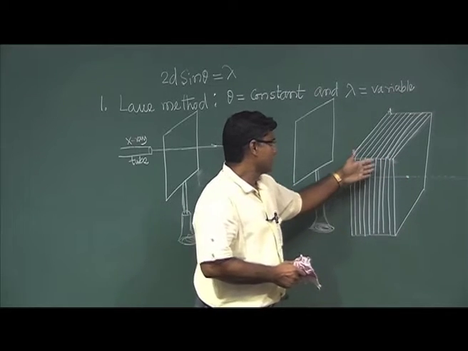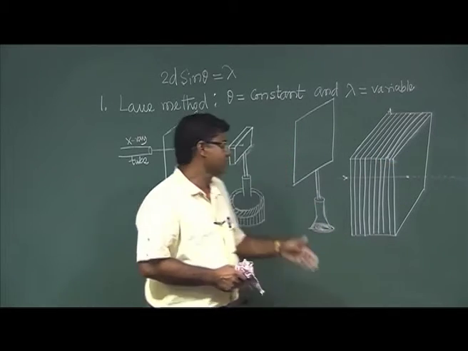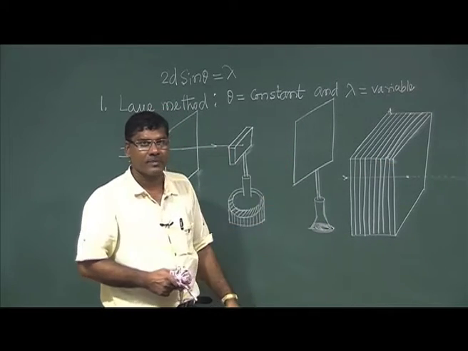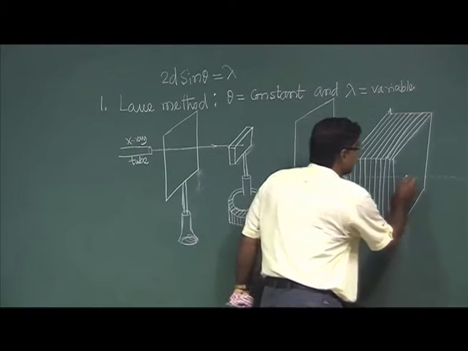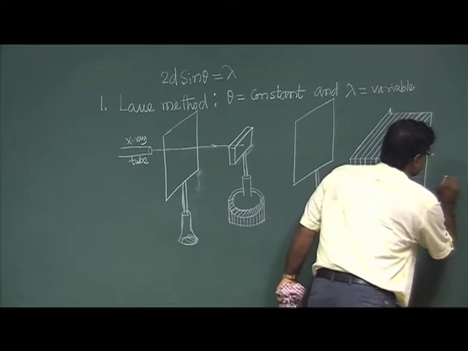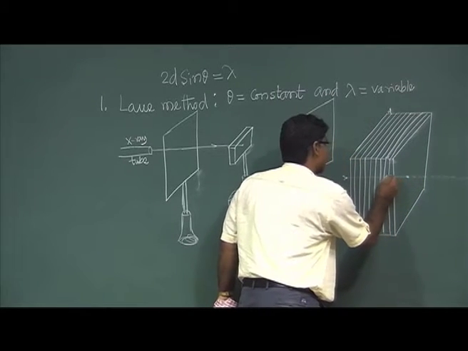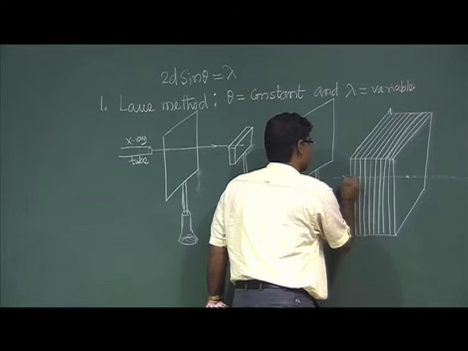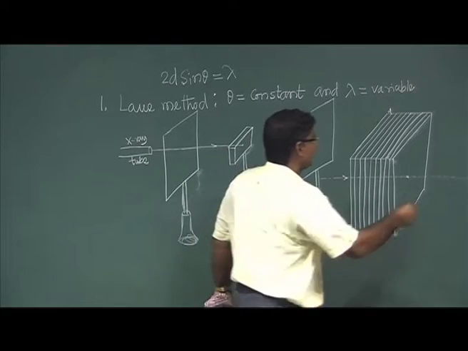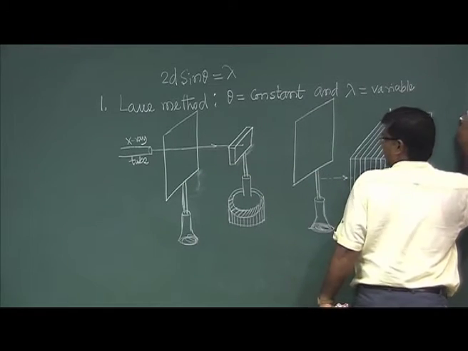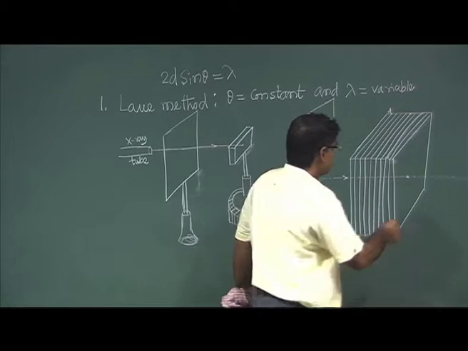Now this grazing incident angle is 90 degrees, so it is along the normal. So it will just go, and it can also be backscattered. On this photographic plate, what will we see?